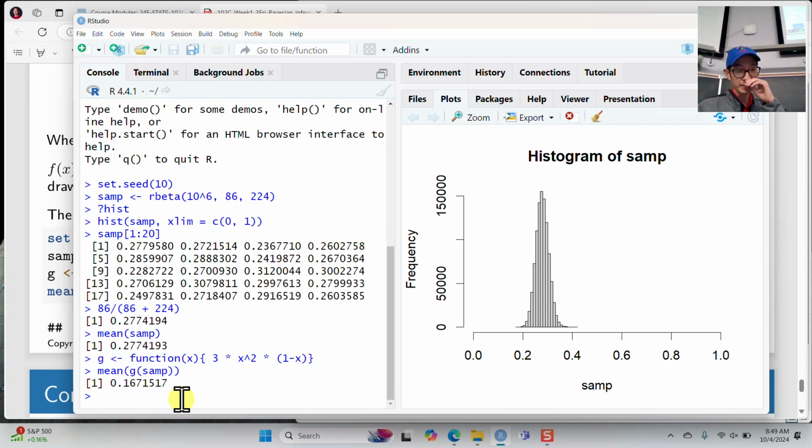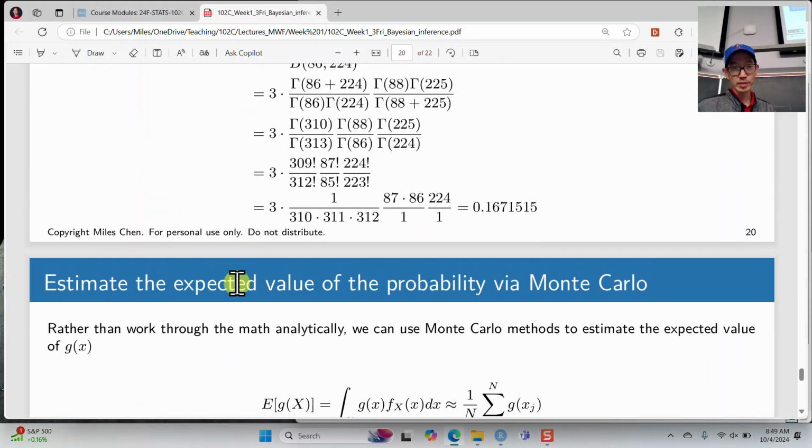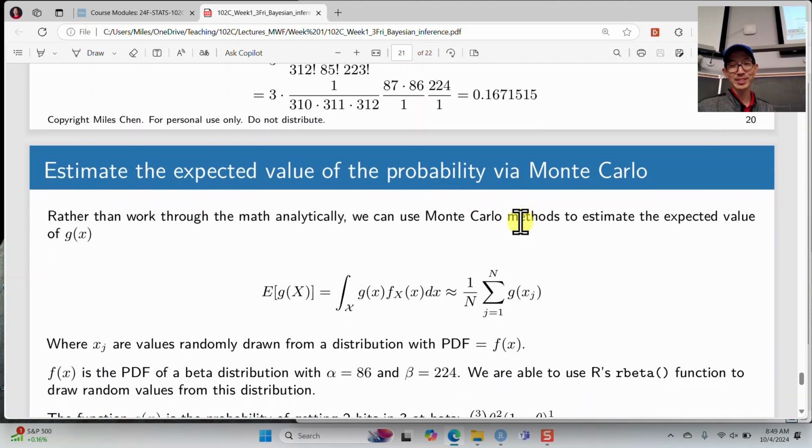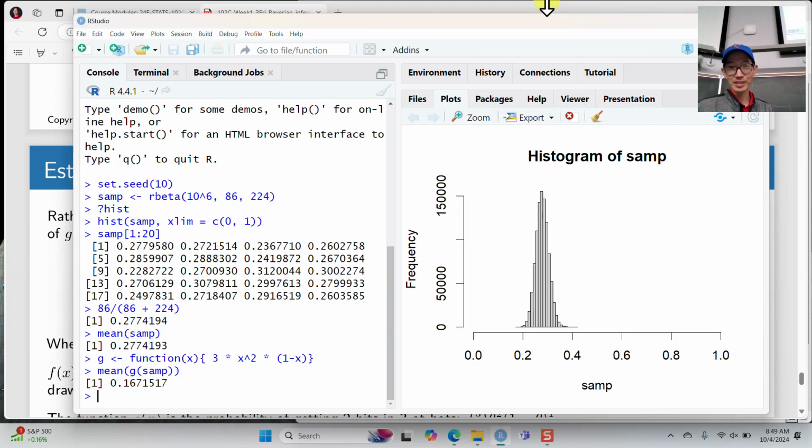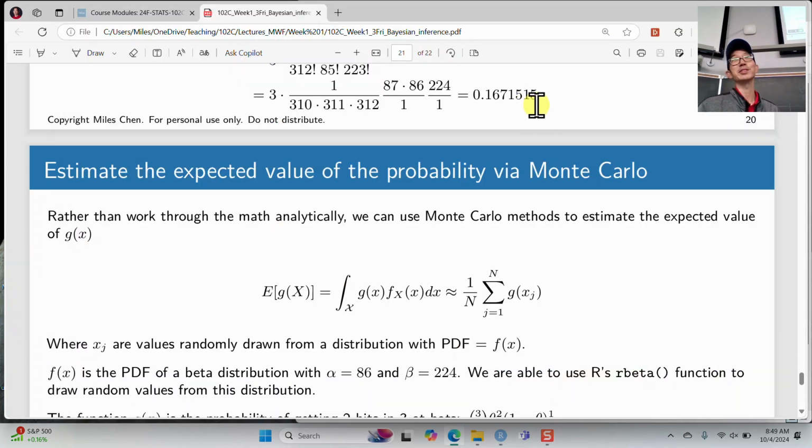And so I get 0.1671517. Oh, that's even closer. So this sample was even closer to the analytic solution.